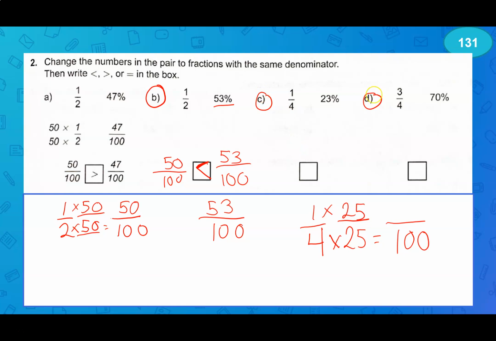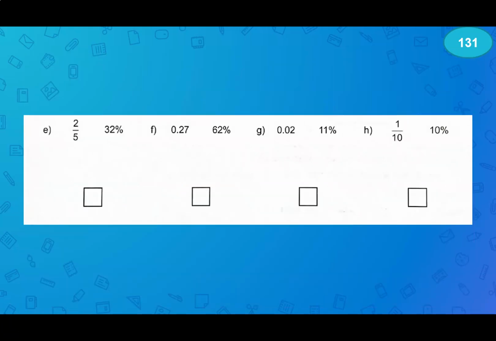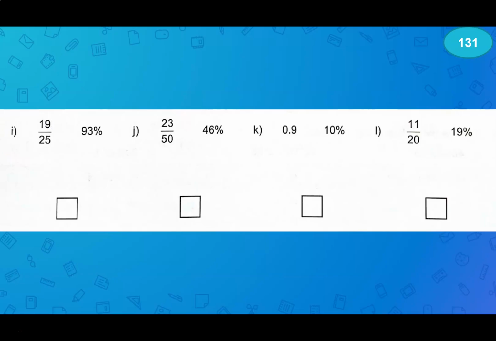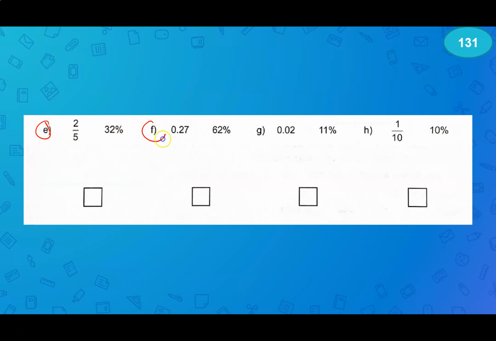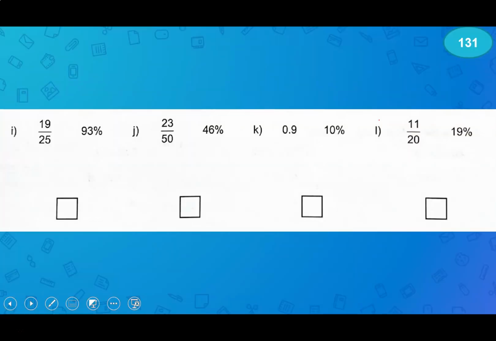Try Part C and then Part D, which also has a denominator of 4. Question 2 has many parts. I would like you to try E, F, G, and H. If you would like extra practice, go all the way to L. If not, please feel free to cross out the last row.